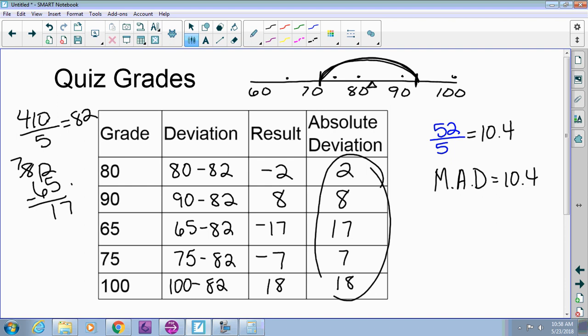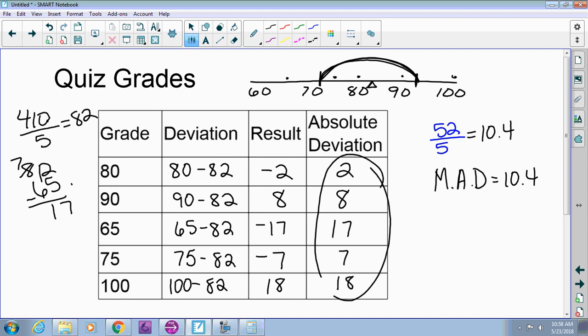It's a measure of variability. If you have a really large range of numbers, not necessarily a large number of numbers collected, you're probably going to deal with some bigger MADs. So you have to look at it relative to what you're dealing with. We're dealing with 10.4 out of 100 points.